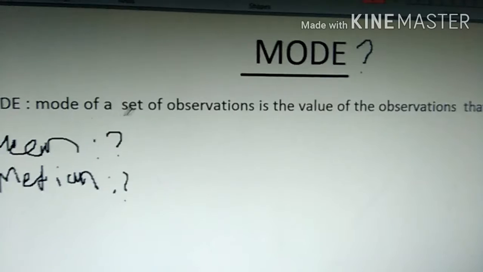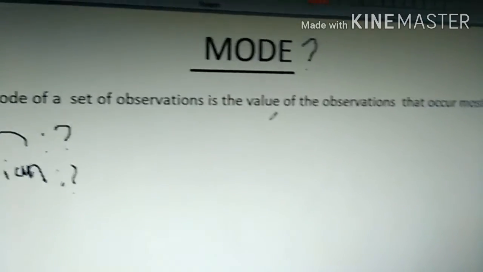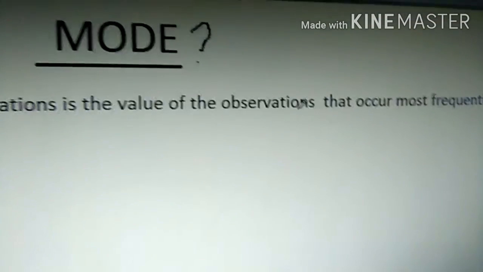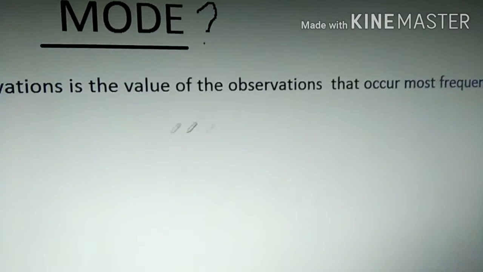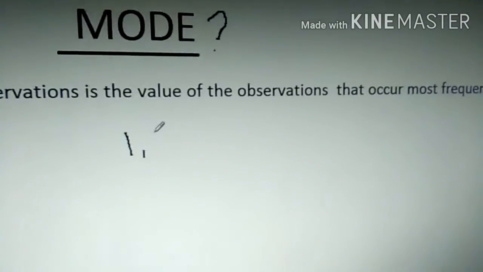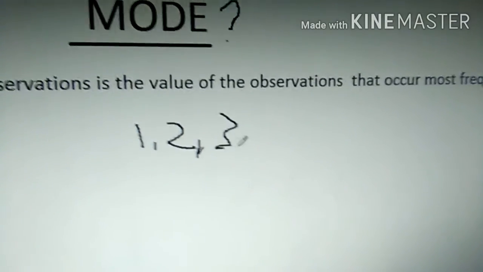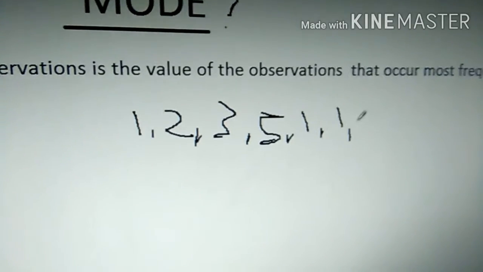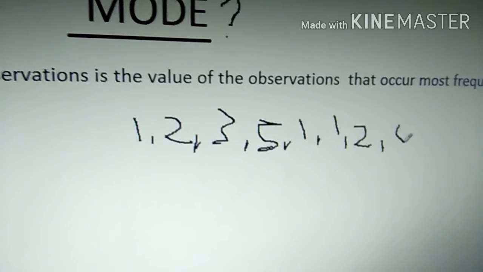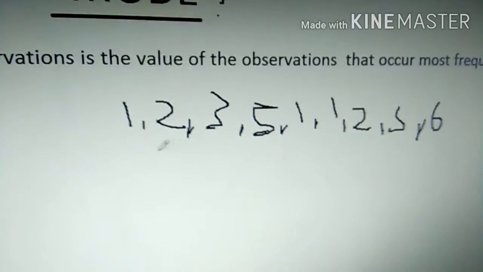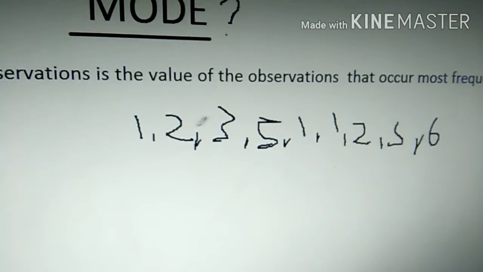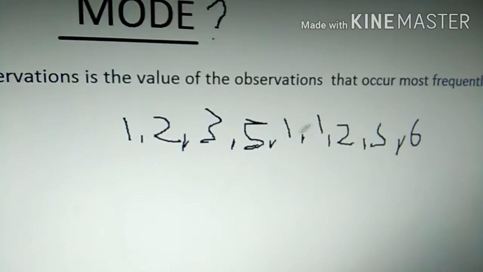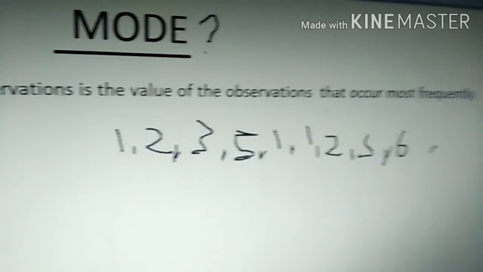Mode of a set of observations is the value of the observations that occurs more frequently. Now, let us take an example. They have given some terms like this: 1, 2, 3, 4, 1, 1, 2, 3, 5.